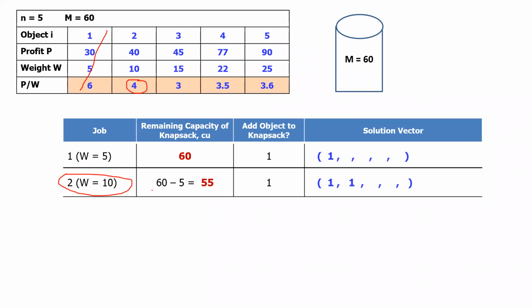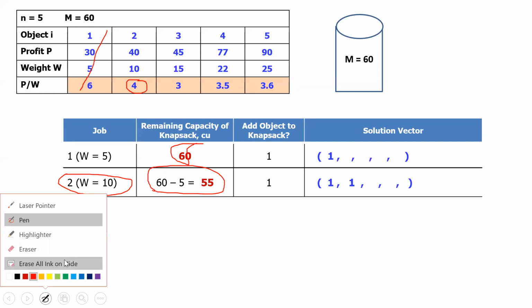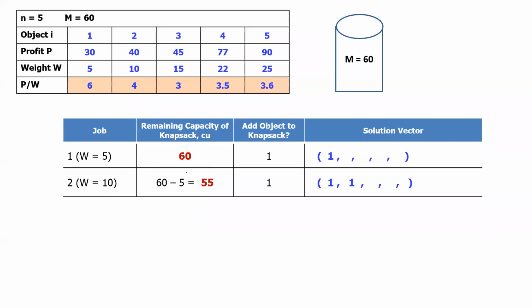Now what is the remaining capacity of the bag? Previously it was 60 kilos. I have filled 5 kilos. Out of 60 kilos, I have filled object 1 of 5 kilos, so the remaining capacity will be 55.